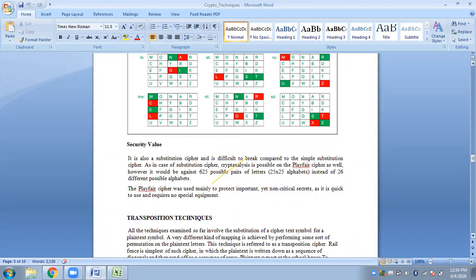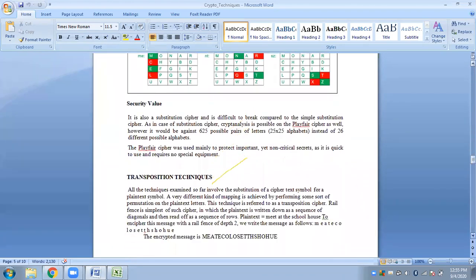In transposition, we will not do replacement or substitution. We will rather do rearrangement. We will rearrange the order of the bits of the plain text to get the ciphertext. We will see how we do that.